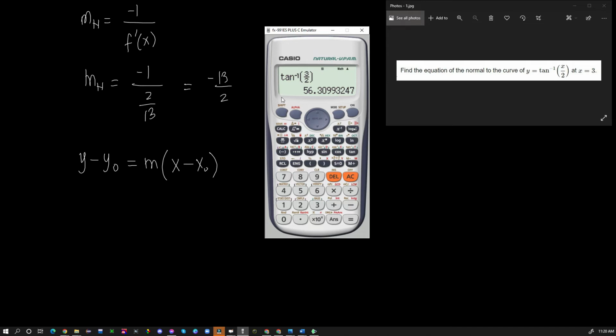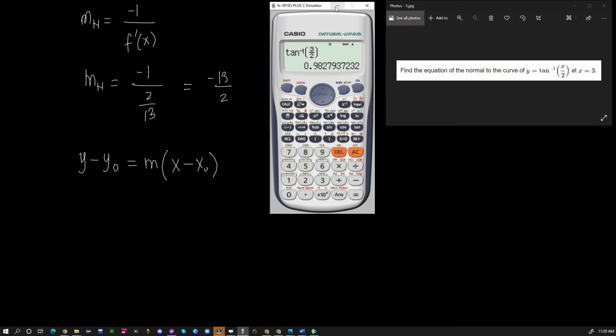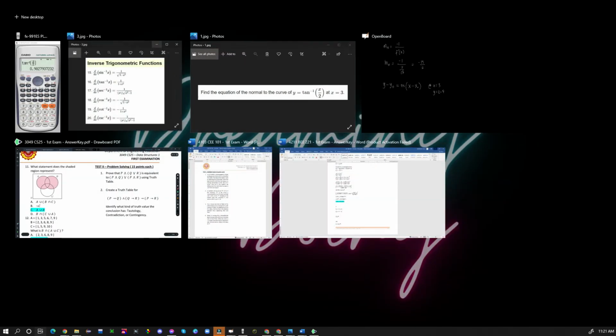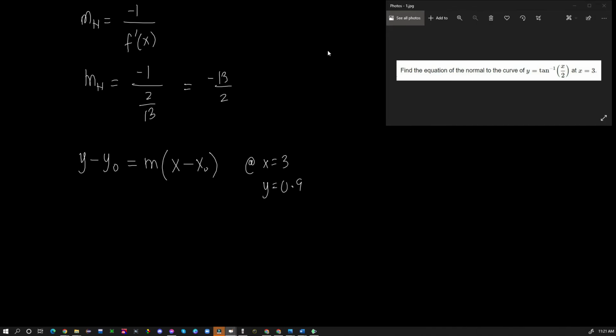Okay, mali ta. Dapat naka-radian ta dapat. Kay, okay, pag mag-involve ta og mga trigonometric, naka-radian ang inyong calculator dapat ha. So, we have 0.983. Okay, 0.983. So, pwede ta mo ingon that at x is equal to 3, y is equal to 0.983.